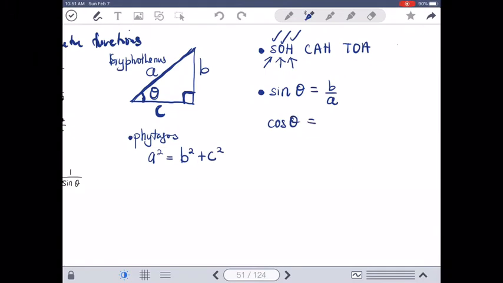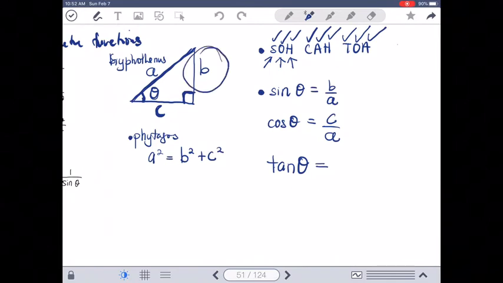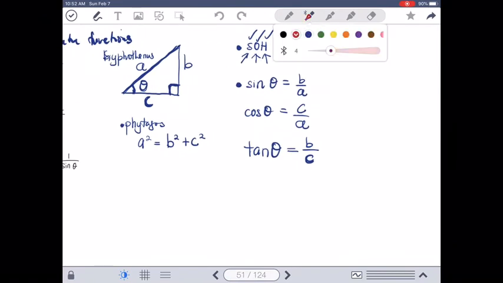Cos theta, cos is equal to adjacent over hypotenuse. Adjacent in this case is C, hypotenuse is A. So cos theta is just C over A. Tan theta, tan is equals to opposite over adjacent. So B over C. If I have another angle here, I name it as lambda.